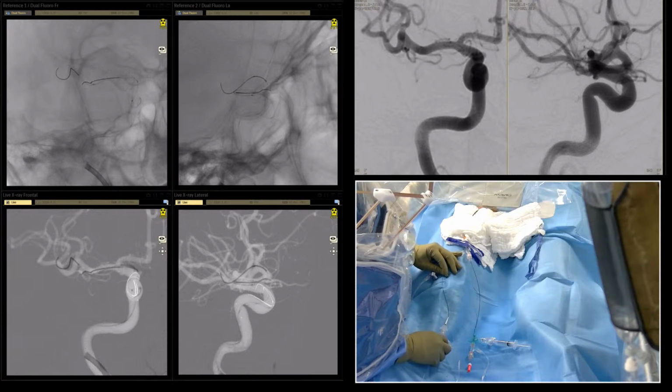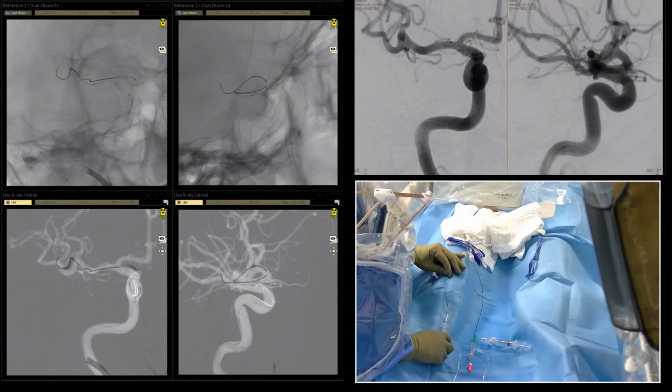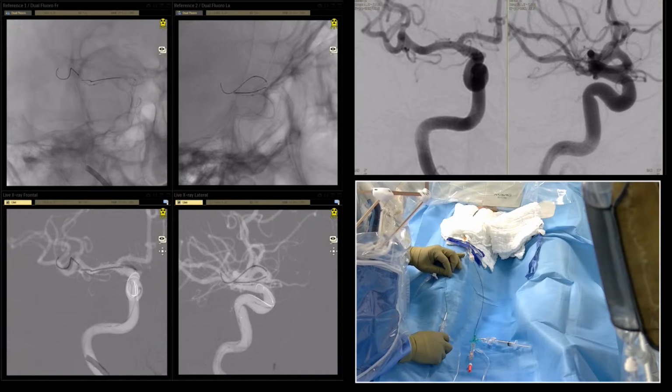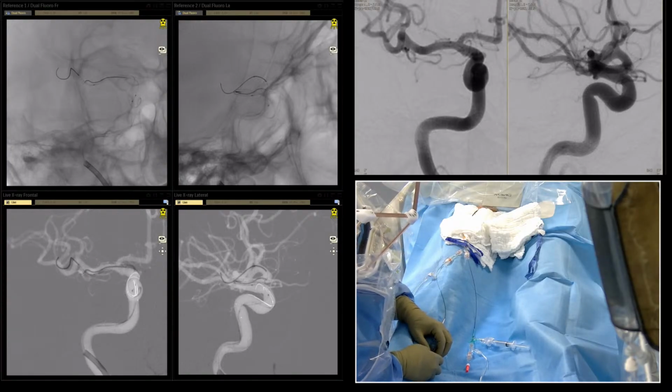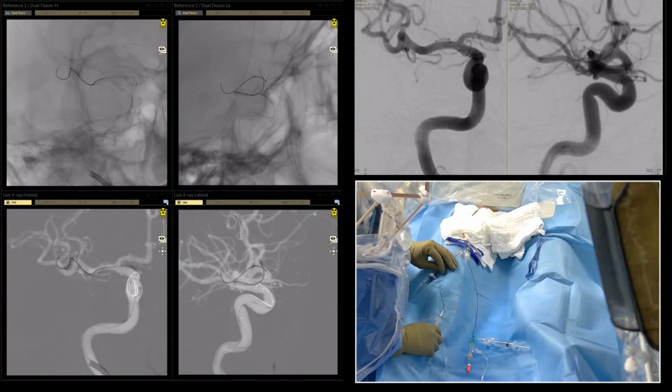Yes, there is a little bit of angulation. I'm trying to push the Headway 17, but it's not pushing. It's not moving, and I don't know why. Okay, let's push it a little bit forward. Yes, and it's going up, but we need to go down.